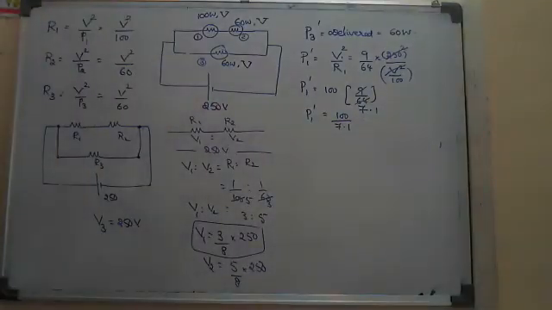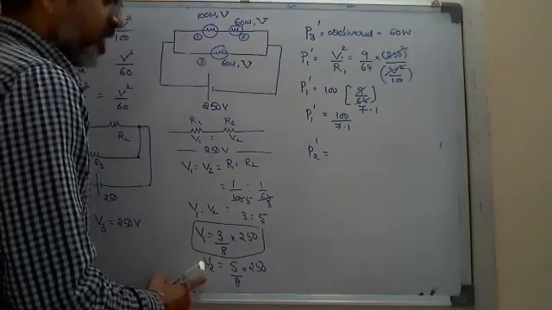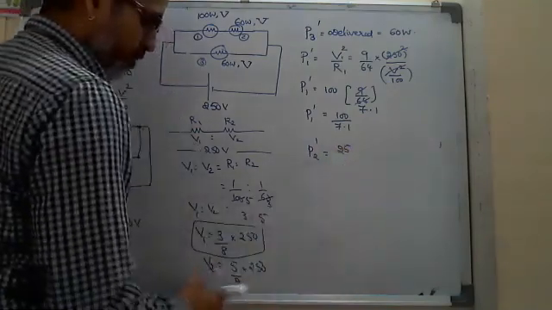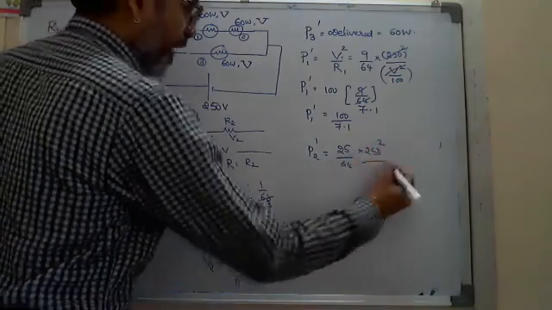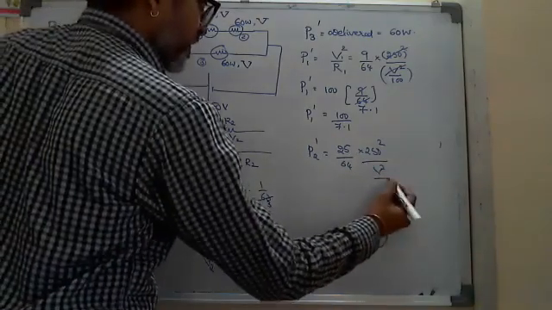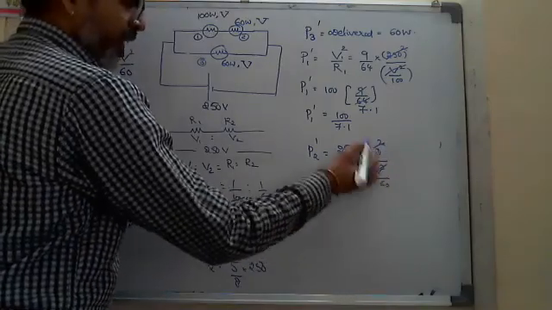And P2 dash in the same way, quickly if you solve, is V2 square by R2, that is 25 by 64 into 250 square by R2. R2 is V square by 60. So here 250 square gets cancelled.